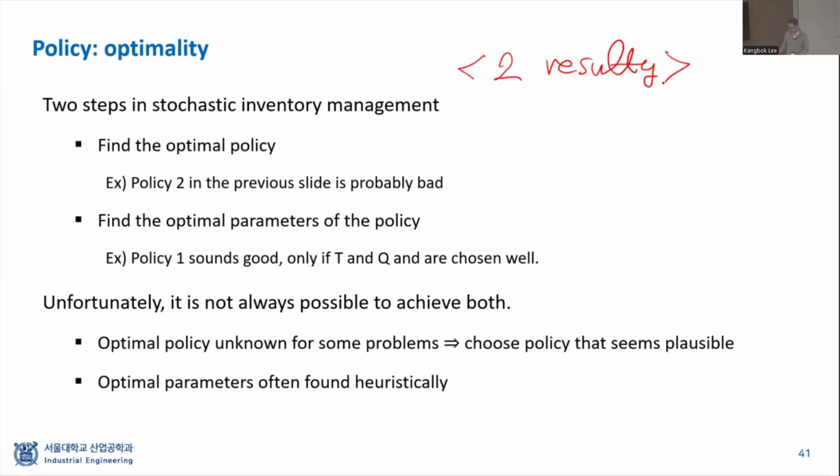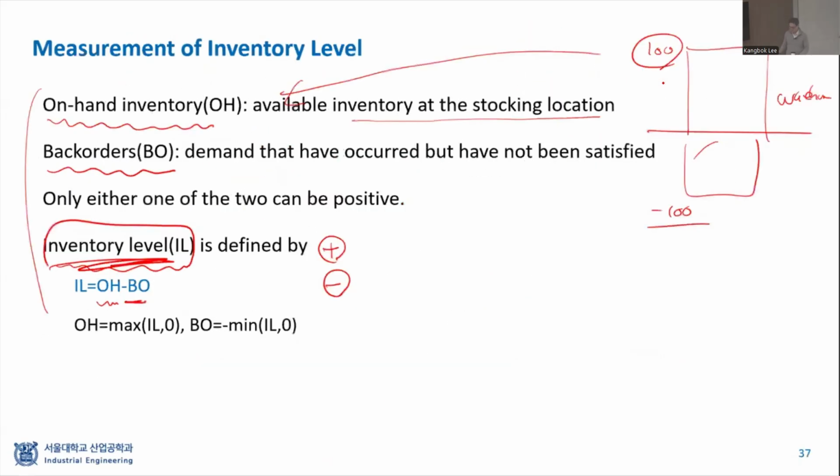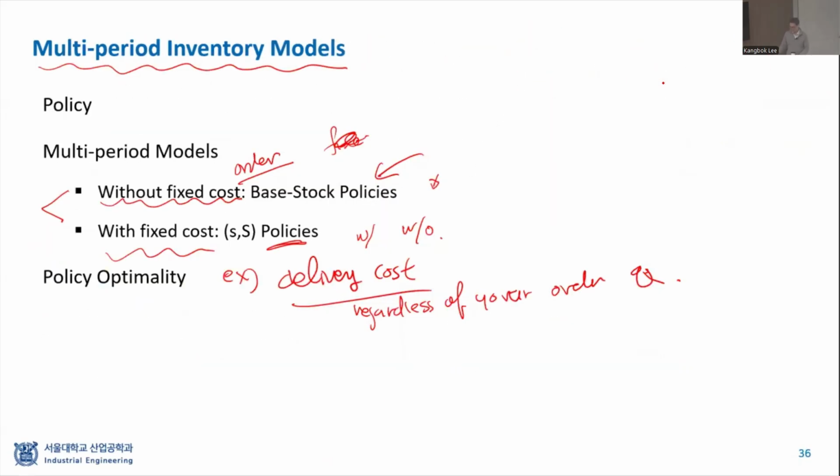Why do I take 2 results? Because exactly for this problem, we have 2 settings. So we happen to know that A structure is best for the first setting. B structure is best for the second setting. So that's what we call base stock policy and SS policy.